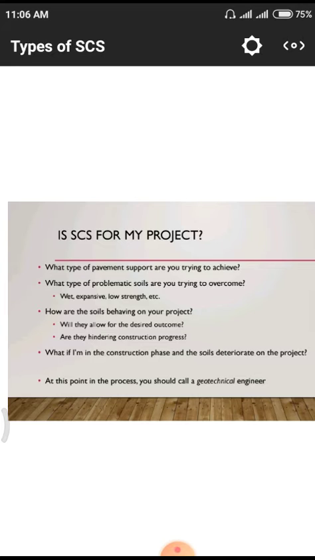Whenever we go for soil cement stabilization, there may be less seepage. Why? Because the total top layer will be in a soil cement condition, so we avoid these wet conditions by implementing these stabilizations.